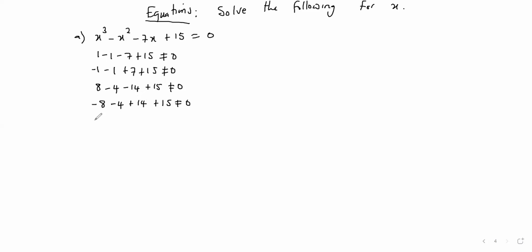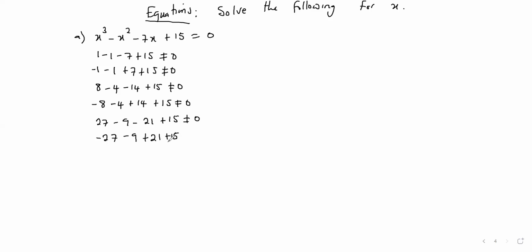Interesting, eh? Let's go to positive 3. We have 27 - 9 - 21 + 15, not 0. Then we'll have 27. If we use negative 3: -27 - 9 + 21 + 15. We try. This is negative 20.